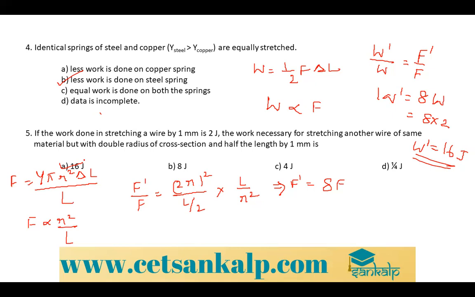So F dash is equal to 8F. Next we have the relation W is equal to half F delta L. From this you can say work done is directly proportional to force. So we take the ratio W dash by W is equal to F dash by F.